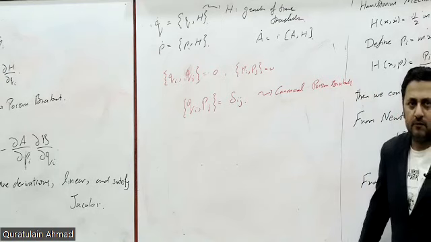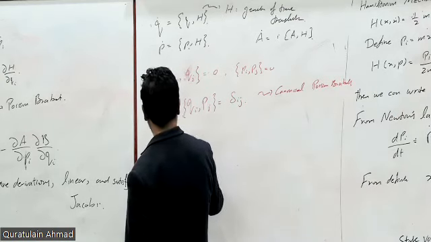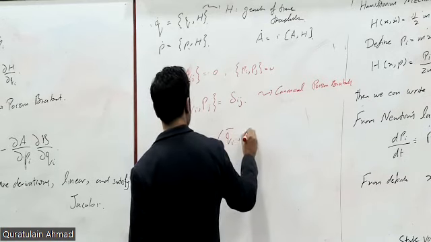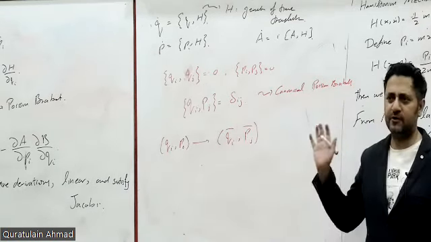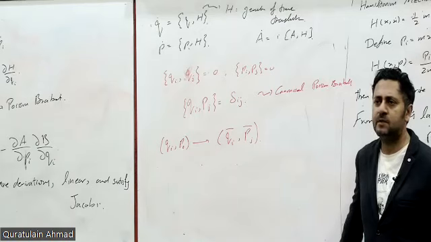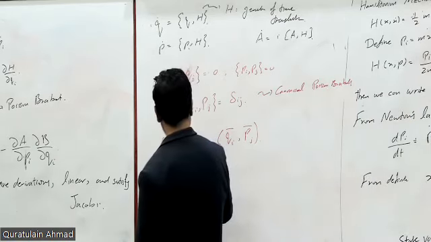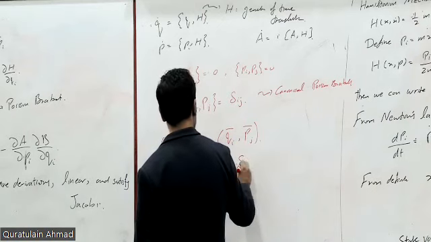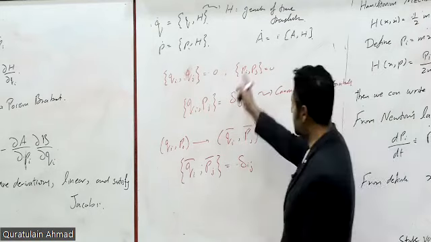Why canonical? Well, suppose you change these Qi, Pi to something else. Mix them up, do some transformation, but make sure that these new ones still have this and the rest too.